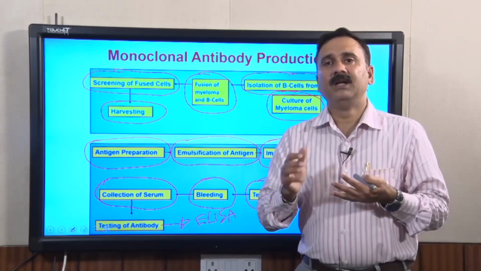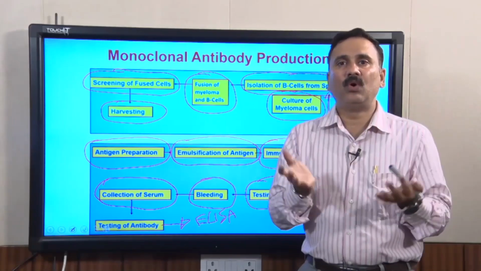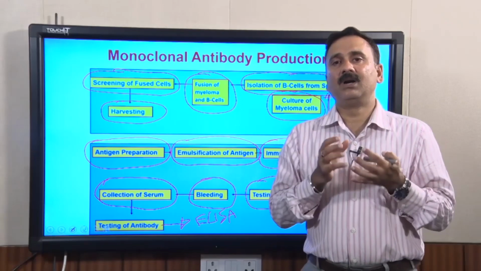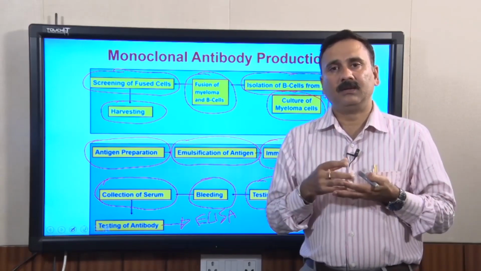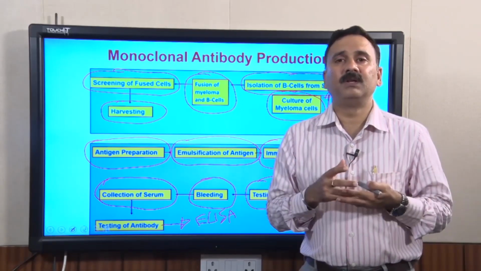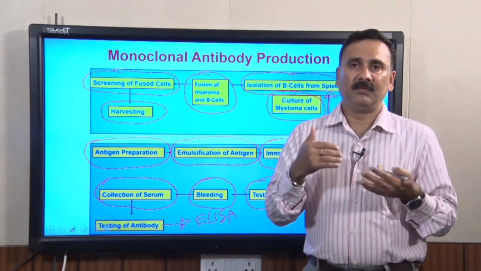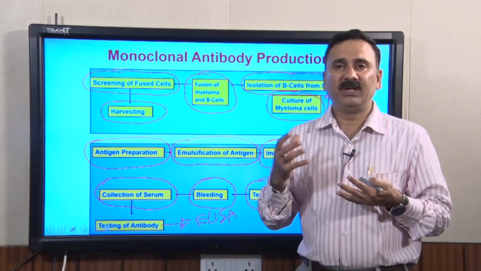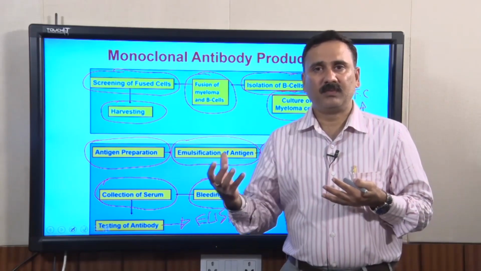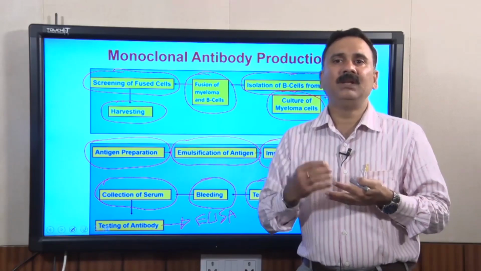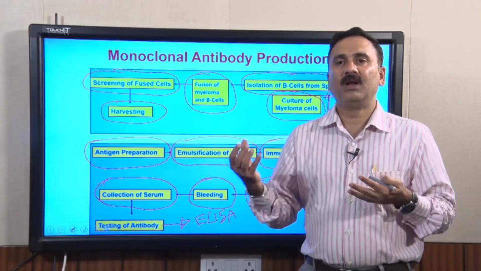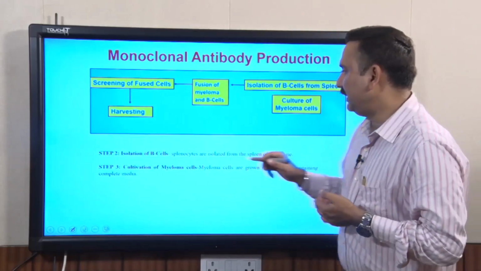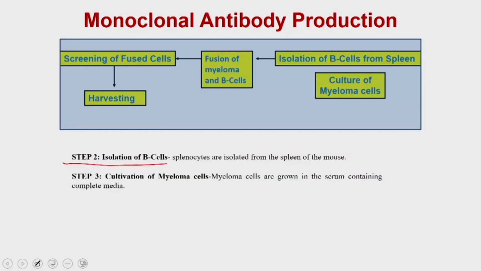Once that happens, you get the selected pool of hybridoma cells. This pool can be used for further screening to identify the specific clones which are expressing your monoclonal antibodies, and then you can use those clones for harvesting the antibodies.